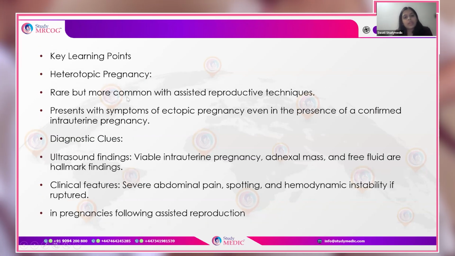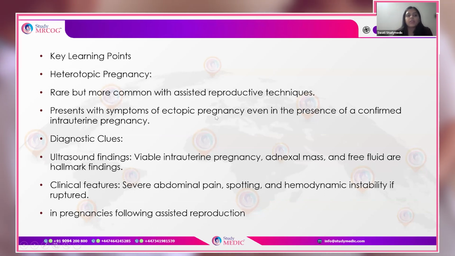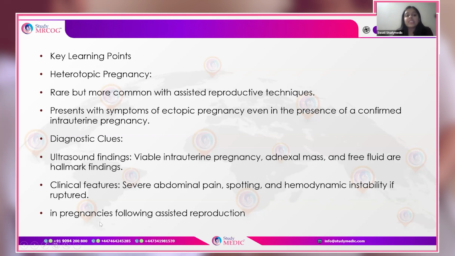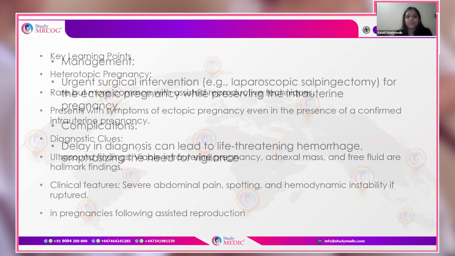So heterotopic is rare but more common with ARTs, presents with symptoms of ectopic. Ultrasound findings reveal both viable intrauterine and adnexal mass along with free fluid. Clinical features will be severe abdominal pain, spotting, and hemodynamic instability if ruptured. And it is especially common in pregnancies following assisted reproduction.